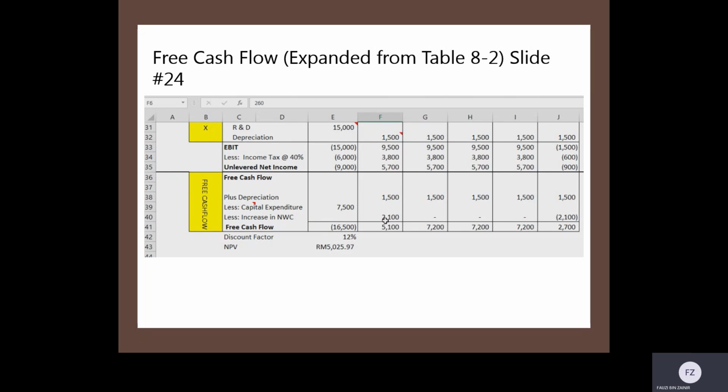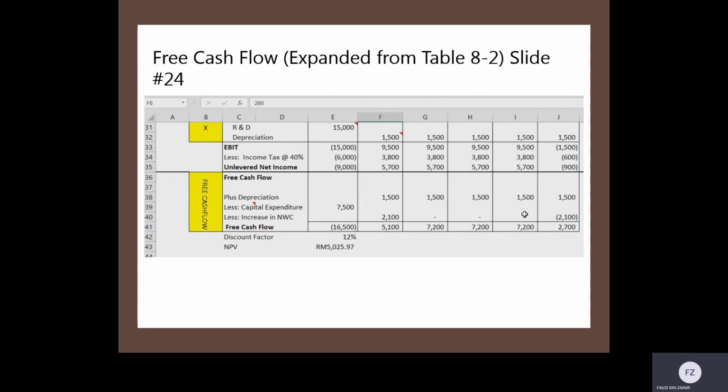So we take year 1 minus year 0, year 2 minus year 1, year 3 minus year 2, year 4 minus year 3, and year 5 minus year 4. So in year 1 we have 2,100 minus year 0, which is nothing, so we get 2,100. But in year 2 we have 2,100 minus 2,100, so we zeroize it. So for years 2, 3, and 4, all of them are zeros.